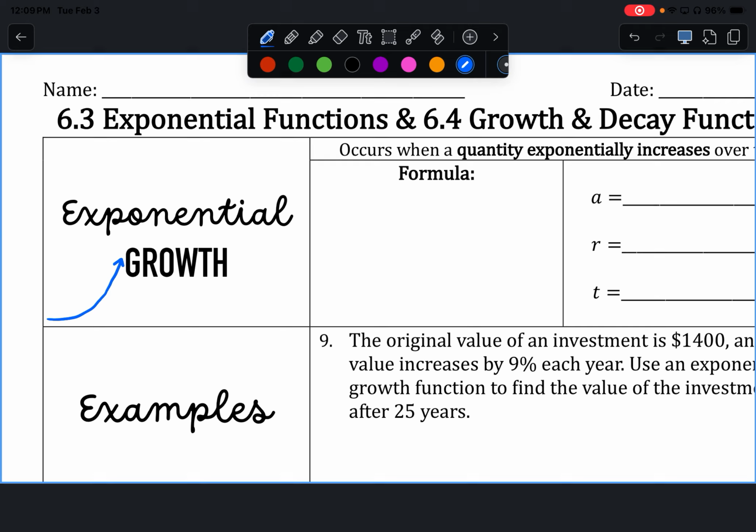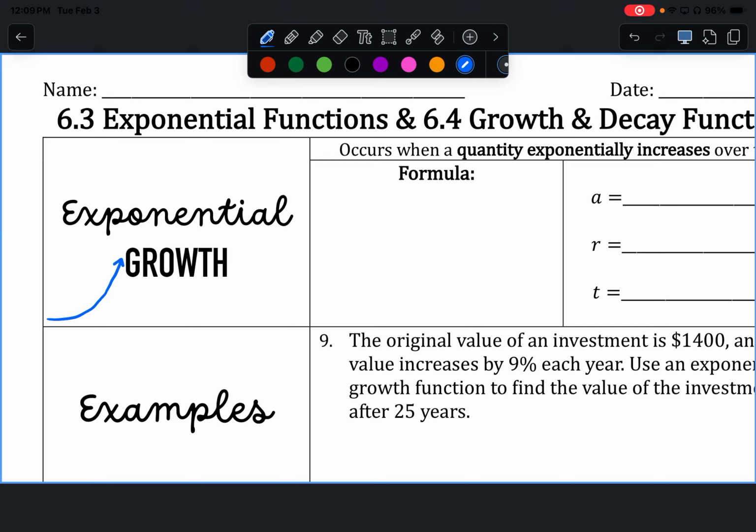So we have y is equal to A times 1 plus R to the power of T. A still means the same thing, our initial value. The R is our growth rate. And T is the time over which it's occurring.